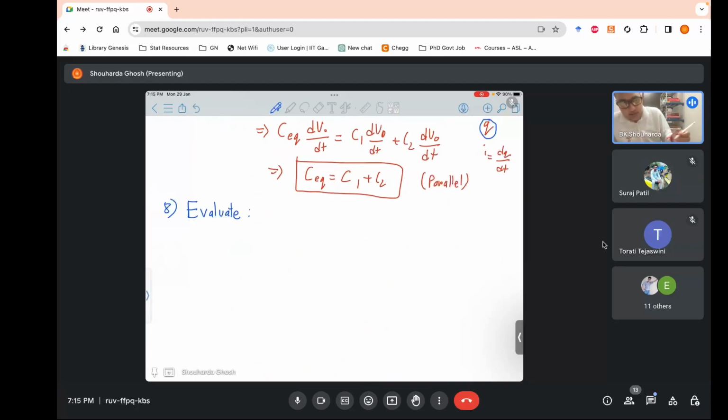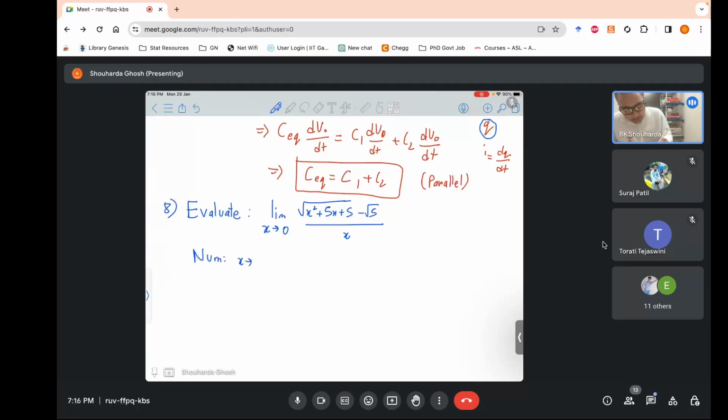So our 8th question is evaluate limit x tends to 0 of square root of x square plus 5x plus 5 minus square root of 5 upon x. Now first things first, in every limit question you're supposed to check both the numerator and denominator individually. Let's check the numerator first.